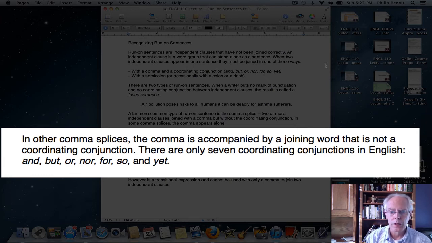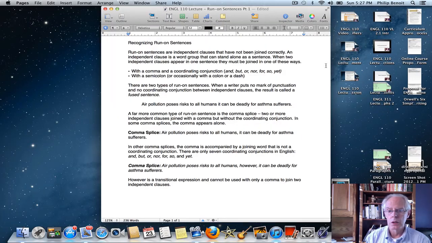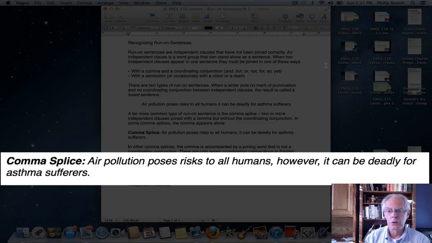If you are joining your two independent clauses with a comma and some word that is other than one of those 7 coordinating conjunctions, it's not an appropriate remedy for a run-on sentence. It's still a run-on sentence. So here's a comma splice that shows you what we mean when we have the wrong word, not a coordinating conjunction.